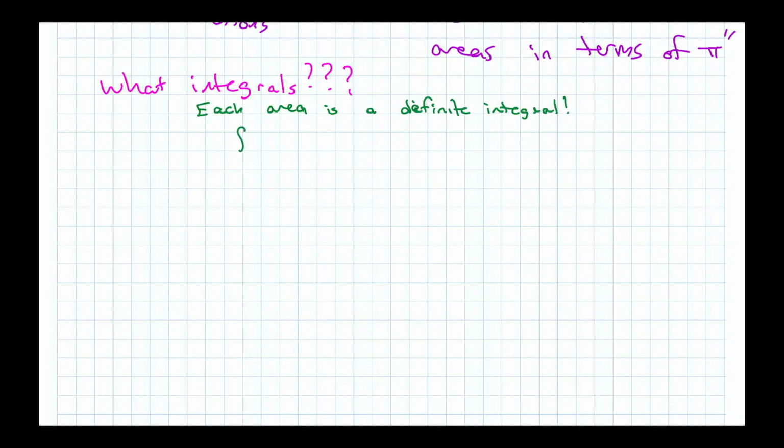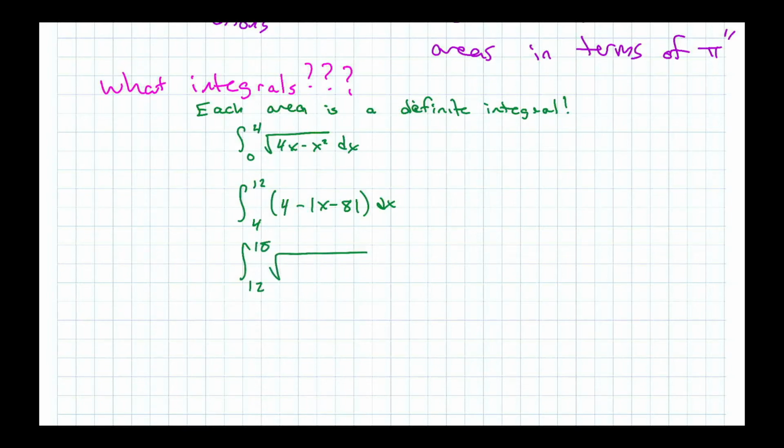The first one was 0 to 4 of square root 4x minus x squared dx. The next one was 4 to 12 of parentheses 4 minus absolute value x minus 8 dx. Last one, 12 to 18, square root negative 216 plus 30x minus x squared dx. Okay, so each one is that.